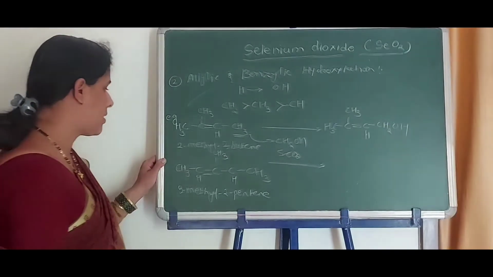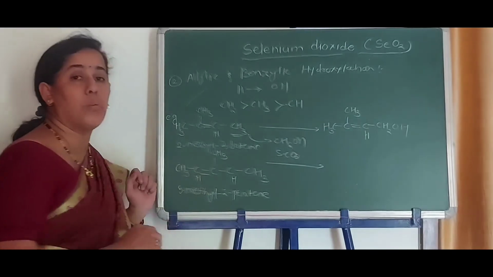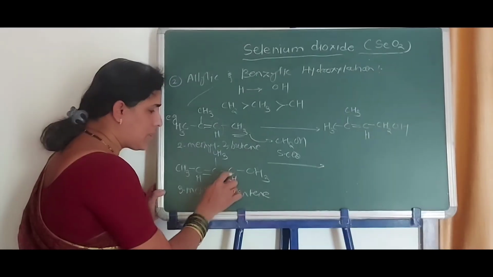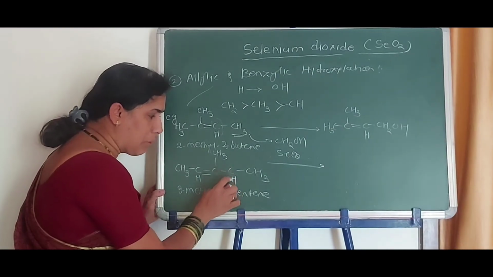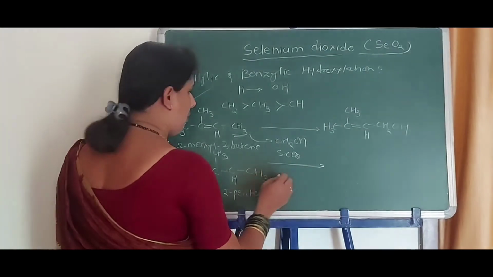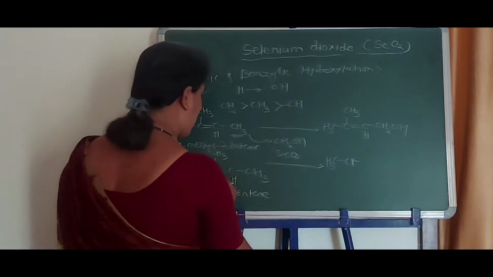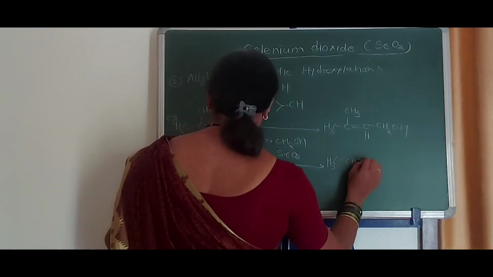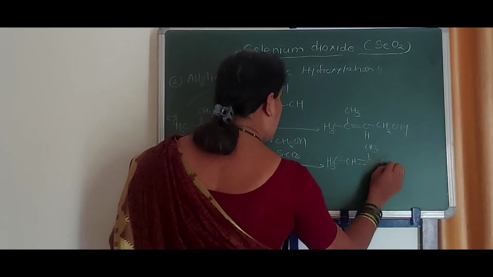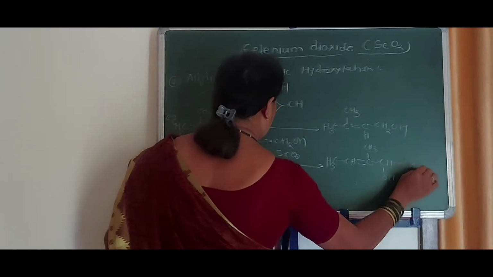Now the double bond position occurs at which position? This is the double bond. Which group is nearer to this double bond? That is CH. Therefore the required product is CH3 CH, CH double bond CH3, here CH OH, and here CH.